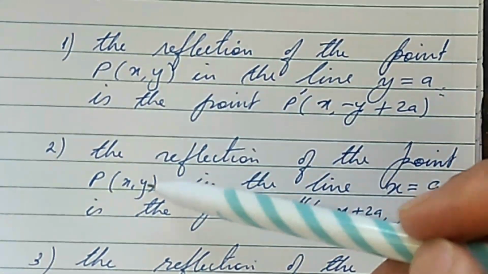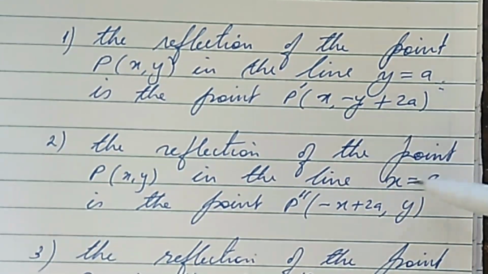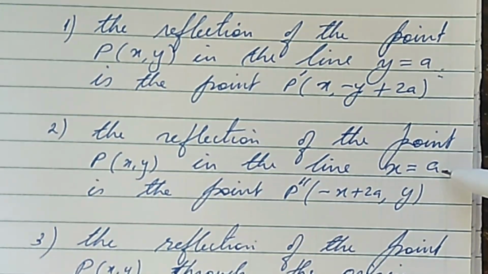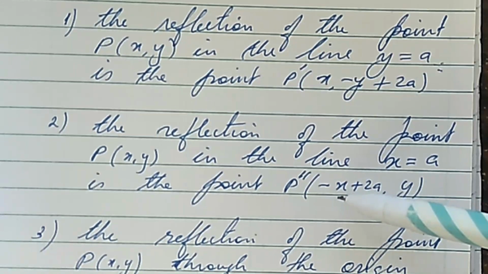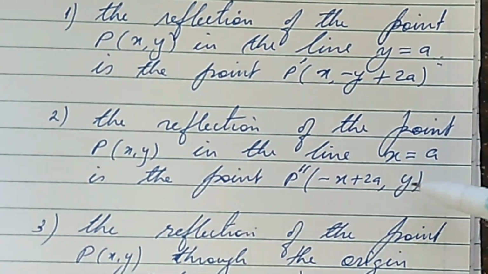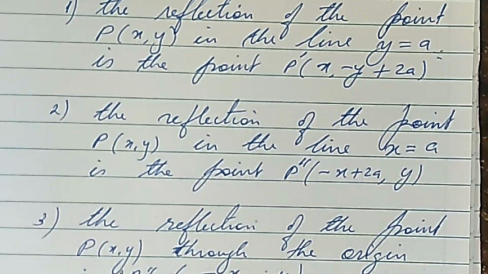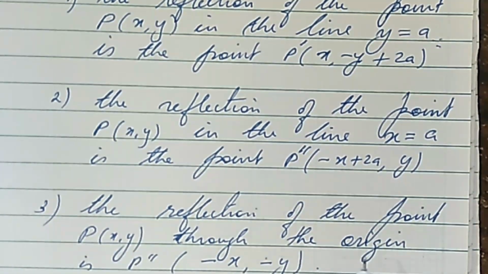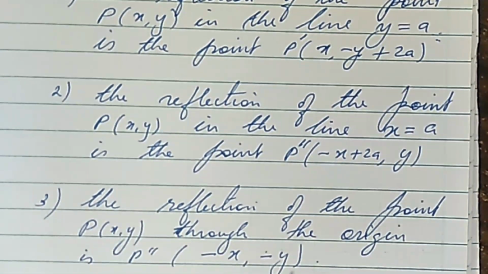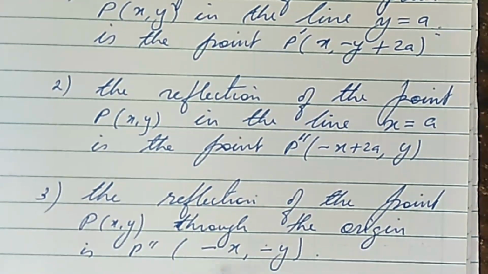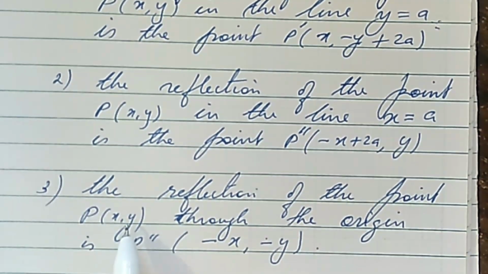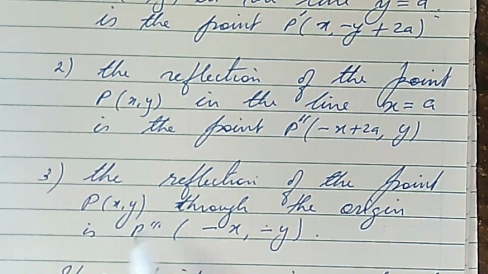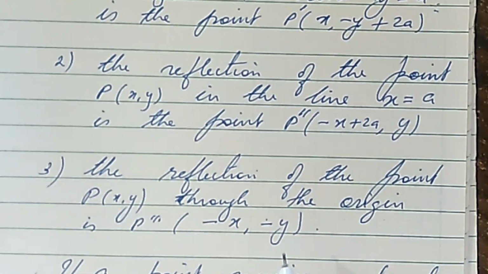Similarly, if the same point P (x, y) is reflected in the line x equals a, that means a line parallel to y-axis at a distance a from the y-axis, then its image will be (minus x plus 2a, y). And the third thing that we learned: when a point is reflected through the origin, then both its signs reverse or change without change in value. So if the point is P (x, y), then the image, suppose P3 prime, is (minus x, minus y).